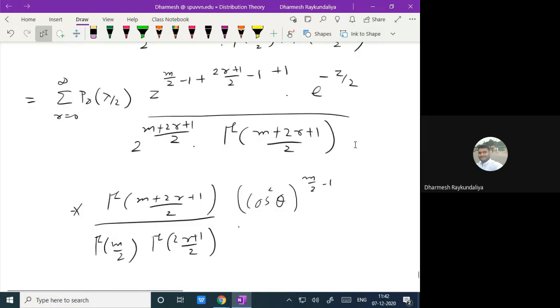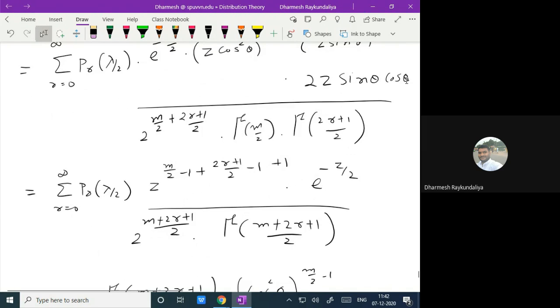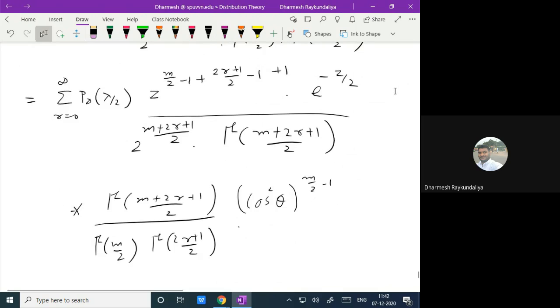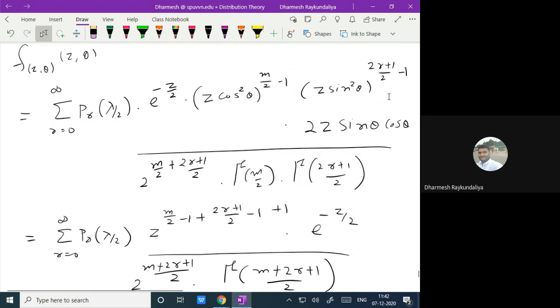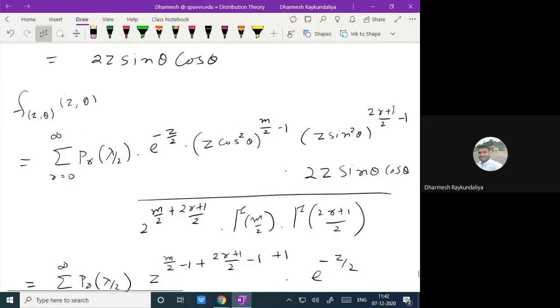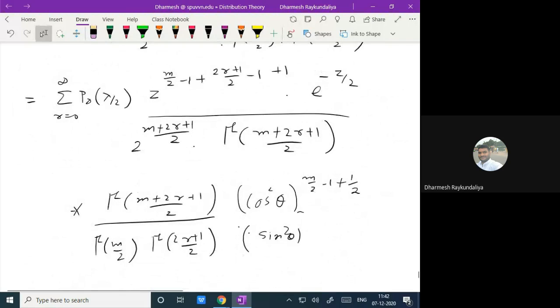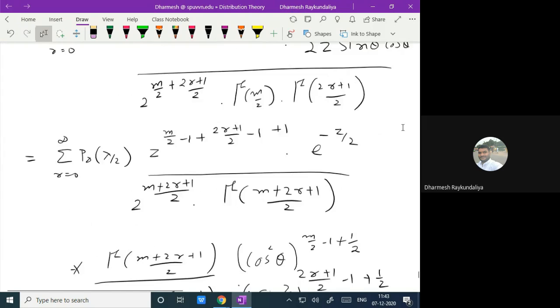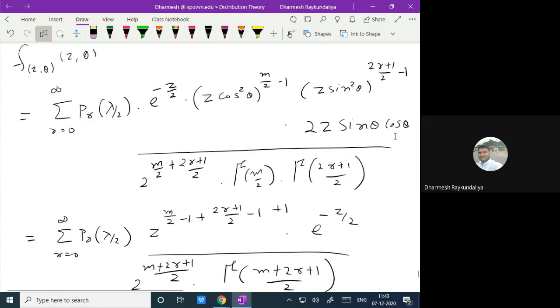So cos theta, if we write the power of cos square theta as m by 2 minus 1, here it is cos theta, so square theta I can write as plus 1 by 2. So cos square theta power 1 by 2 is nothing but cos theta, and here sin square theta raised to power 2r plus 1 by 2 minus 1, and plus 1 by 2 of this cos theta. Okay.